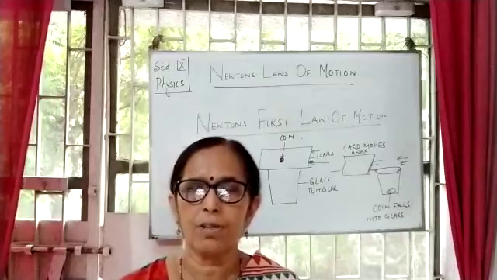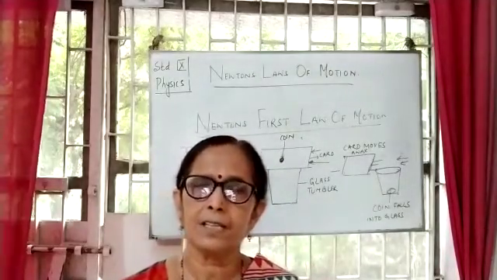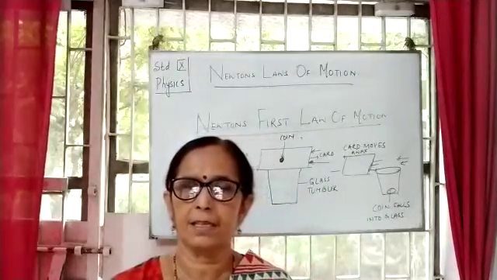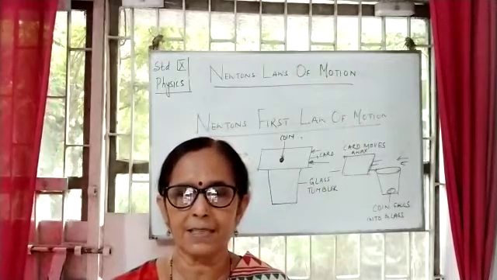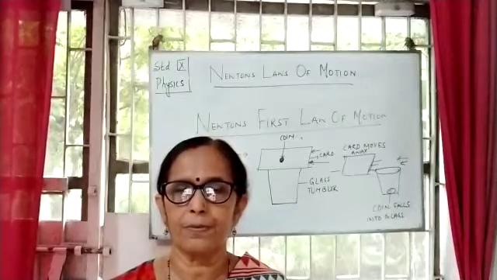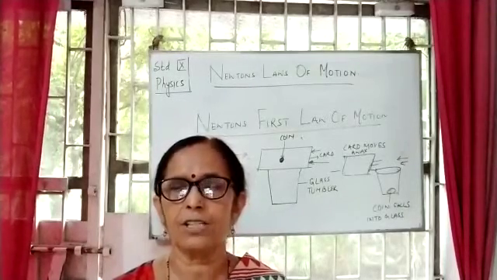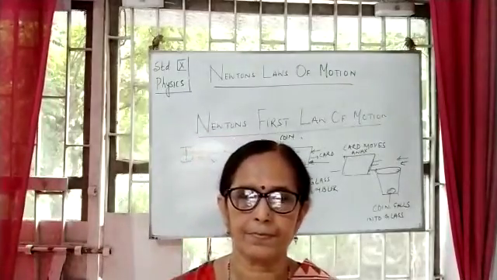Now, what is inertia? Inertia is the property of an object by virtue of which the object resists the change of its state of rest or state of motion or direction.